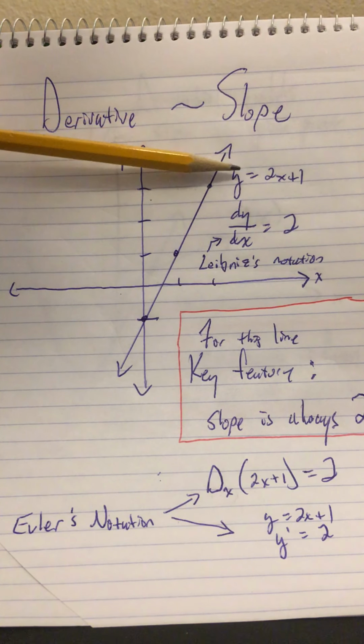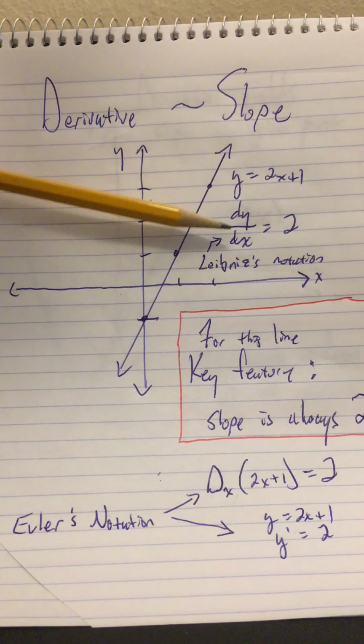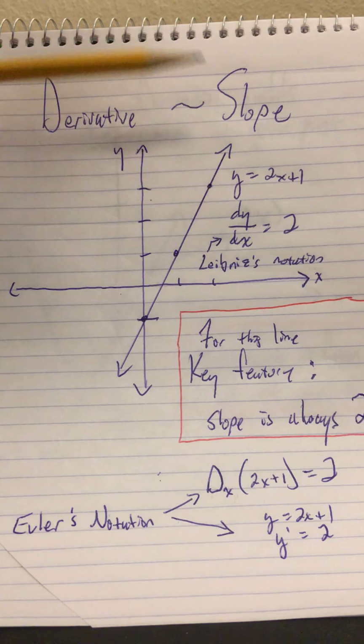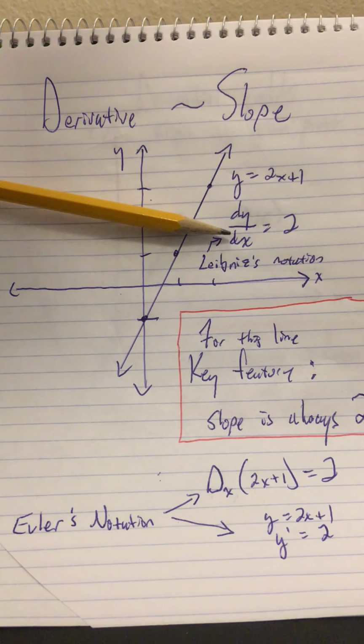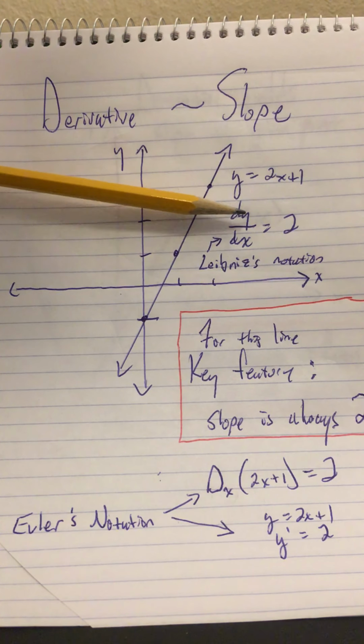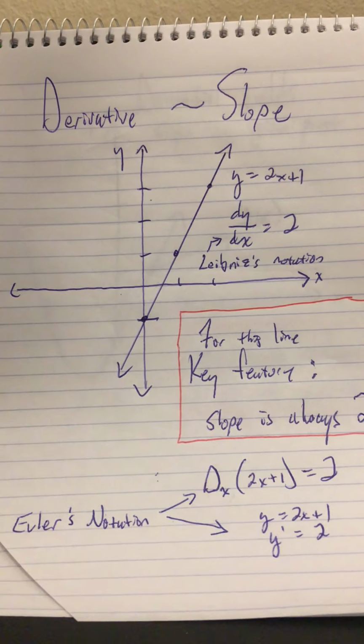Again, if y is 2x plus 1, then the derivative of y with respect to x is 2. Now, I said the derivative is slope, so you're getting a glimpse of the genius of this notation because you already see dy is the difference in y over dx is the difference of x. In fact, we call this the differential of y and the differential of x.